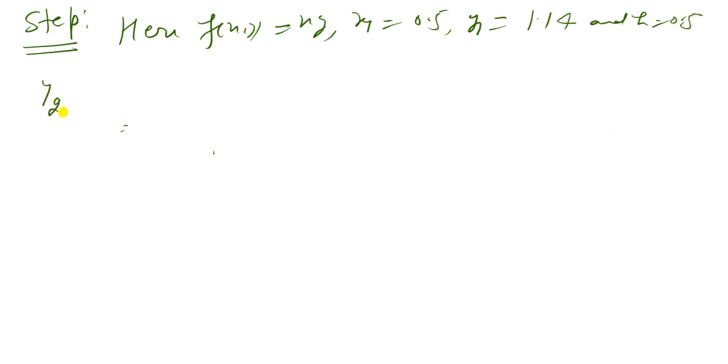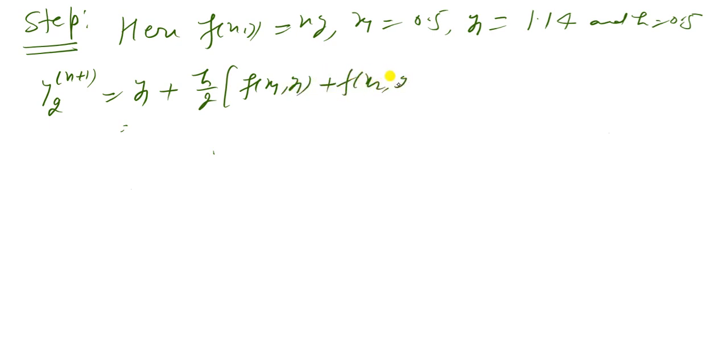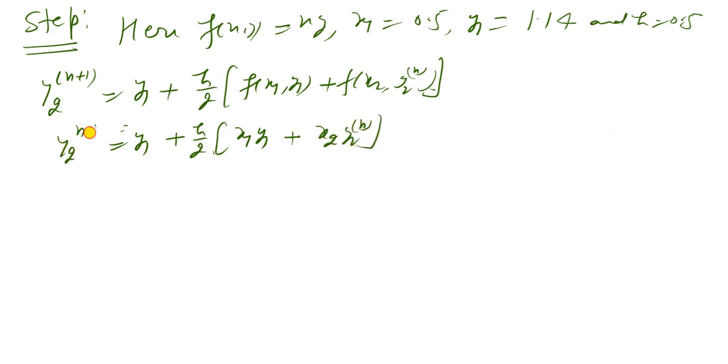Then using the modified Euler's formula, y2 n plus 1 is equal to y1 plus h upon 2 times f x1 y1 plus f x2 y2 n, so this will be y1 plus h upon 2 times x1 y1 plus x2 y2 n, and this is y2 n plus 1. Say this is equation 2.